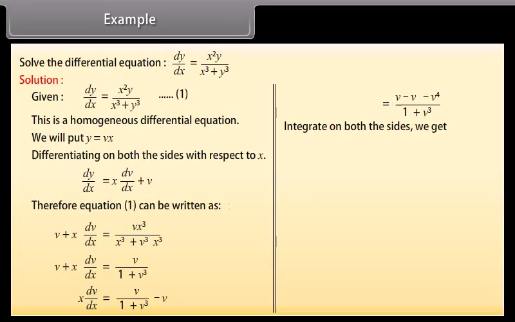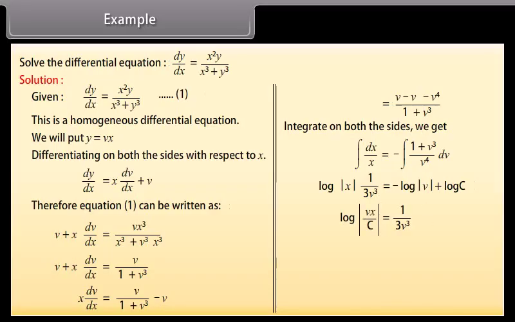Integrate on both the sides, we get integral of 1 by x with respect to x equals minus integral of (1 plus v cube) by v raised to the power 4 with respect to v. Log of mod x equals 1 by 3v cube minus log of mod v plus log c. Log of mod of vx by c equals 1 by 3v cube.